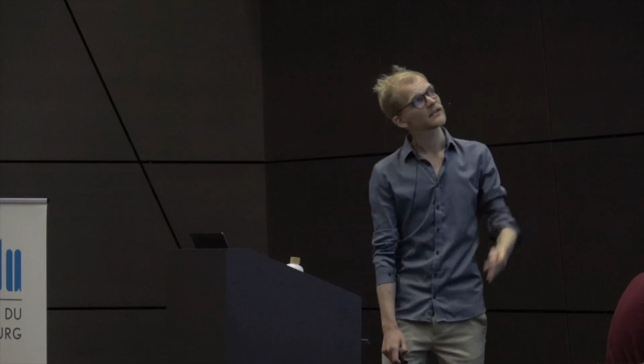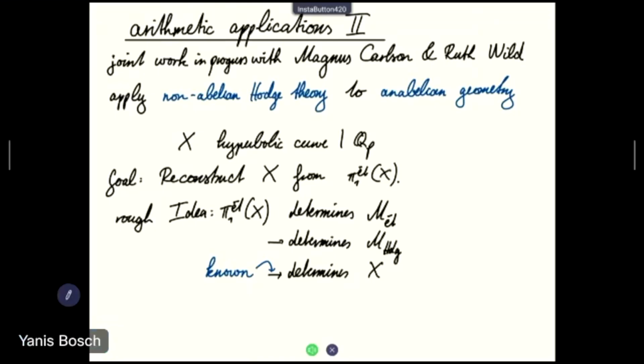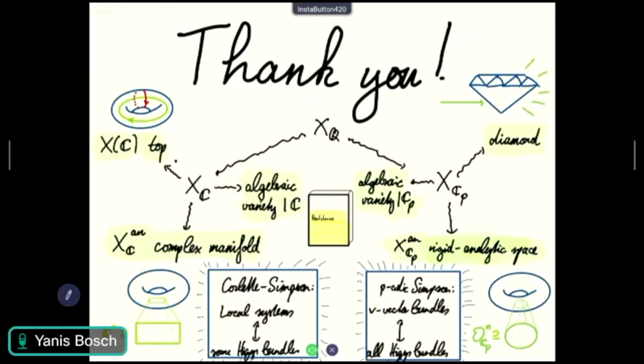This is an object which is very well known especially in complex geometry, and it's known that this space determines the variety. This last step is actually really easy; you use the Hitchin fibration in some way. So this gives a concrete new way to reconstruct X out of the fundamental group. But this is work in progress. I just wanted to mention that these are some things one can do. Okay, thanks very much.